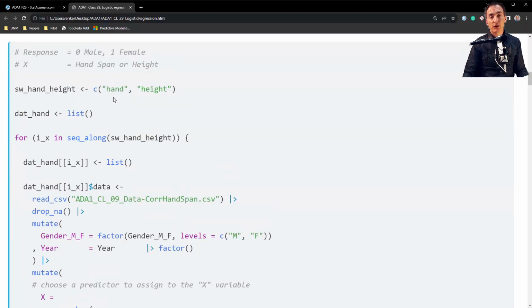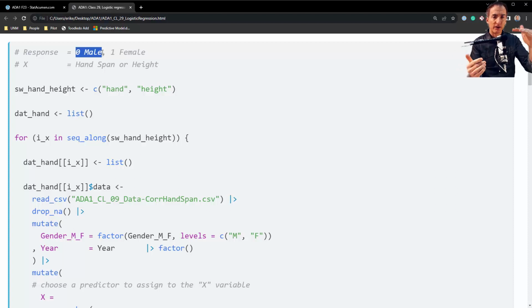So what I've done here, I'm going to talk you through some of the code so we can understand how this was done, but it's not really critical that you understand all this because I've done it for you. But basically our response variable is going to be sex. In here I'm going to code females as the success variable as a 1, and males as the failure variable or 0, right?